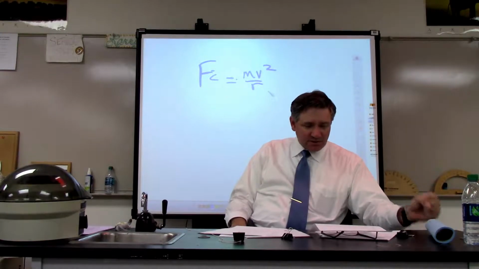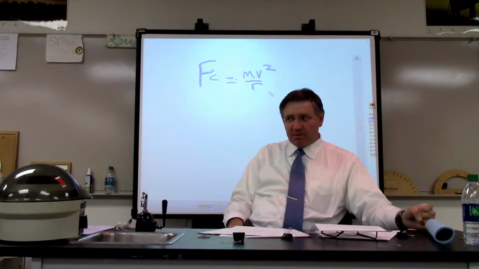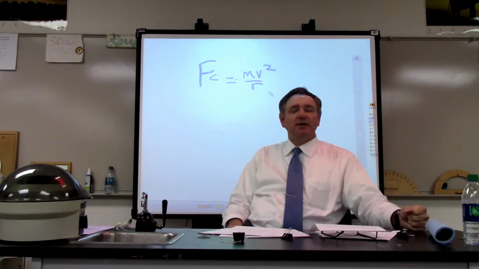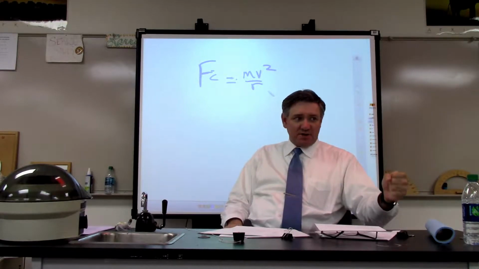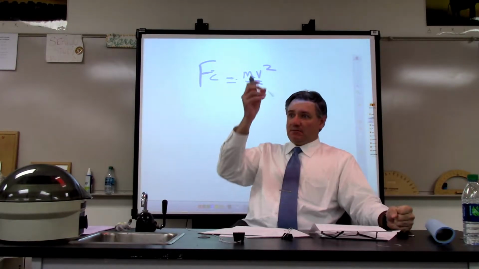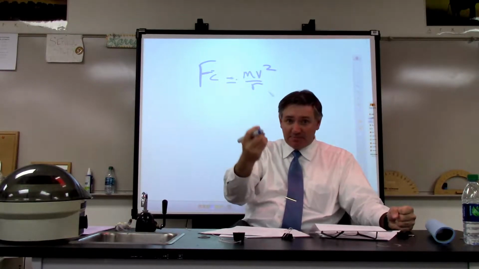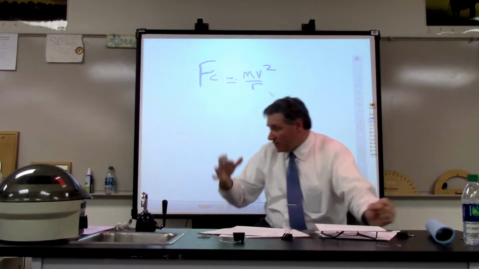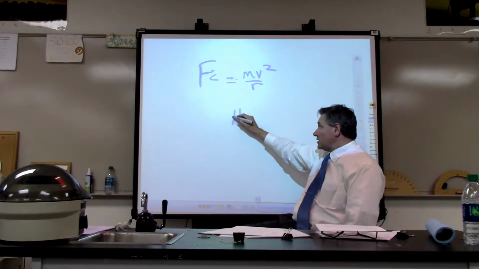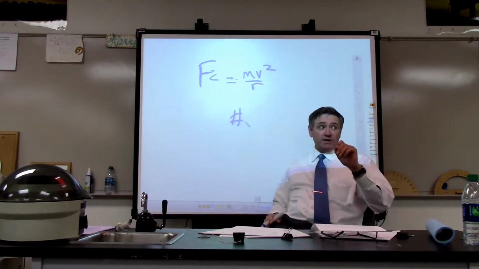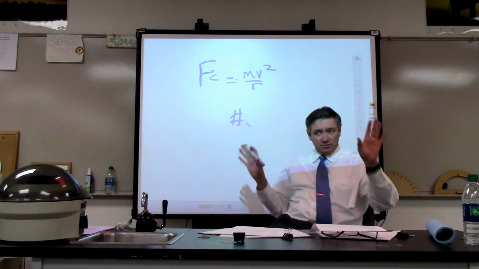When you get to question 13, you're going to calculate the experimental error based upon your data. What you're going to do is let the centripetal force be the weight that's hanging down. We're going to let that be the accepted value. You're only going to do this on trials 4, 8, and 12. You're not going to do this on all 12 of them.